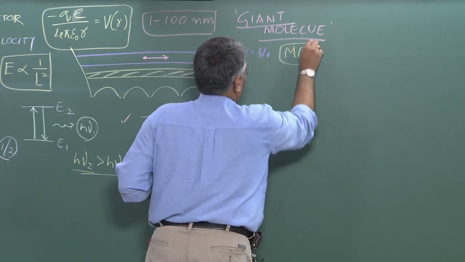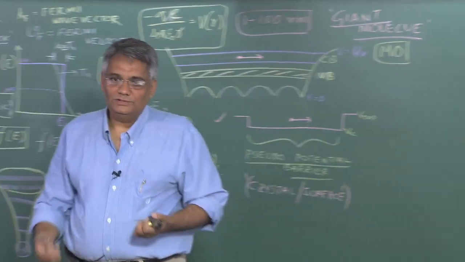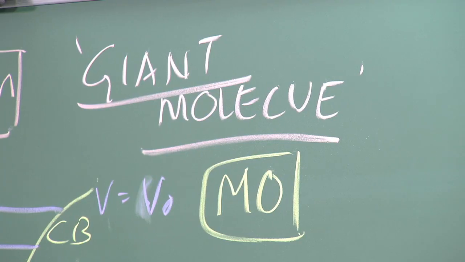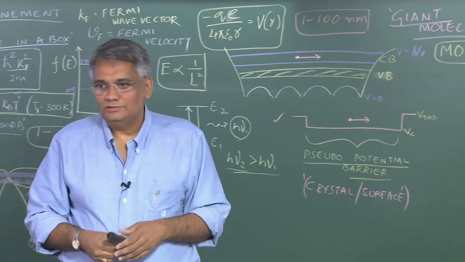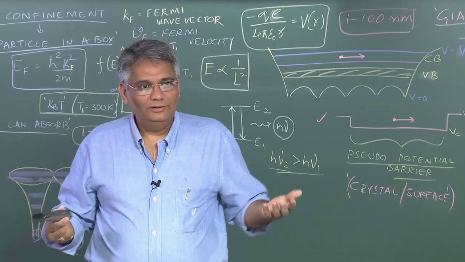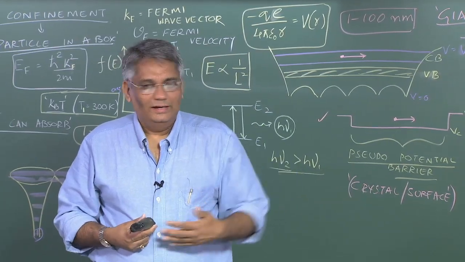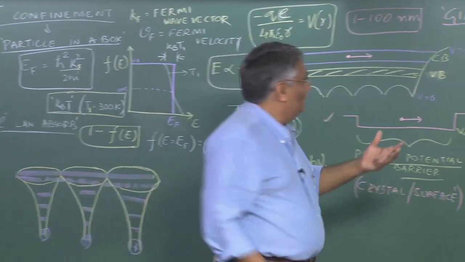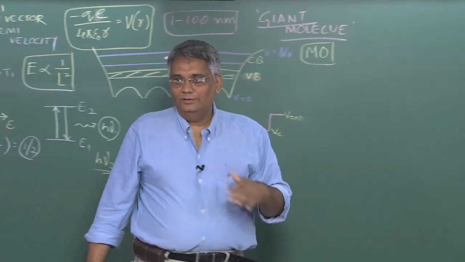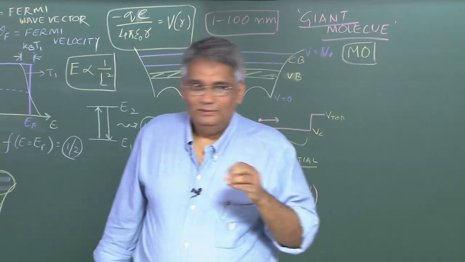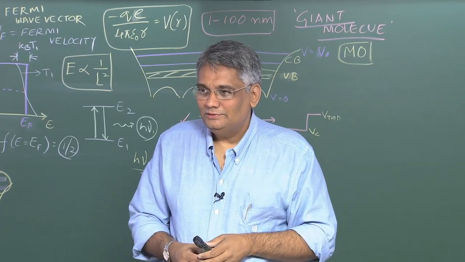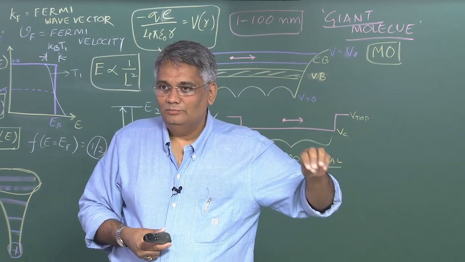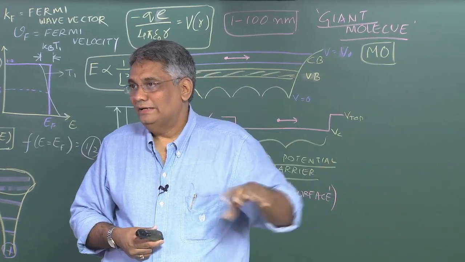It forms due to the formation of these molecular orbitals, right? So what we have dealt with is the way these molecular orbitals form, and the way this formation ends up in the form of the bands in the solid, okay, and how these molecular orbitals behave when you have a small cluster within the range of 1 to 100 nanometers, and you have the giant molecule, which is a solid, and of course on the one extreme you have the molecular entity itself.